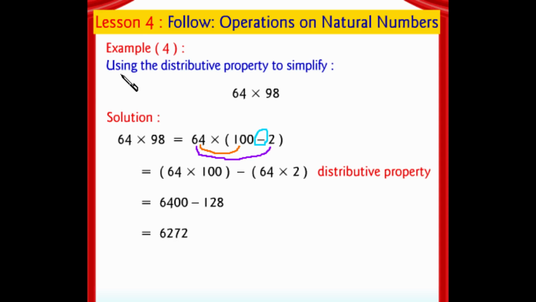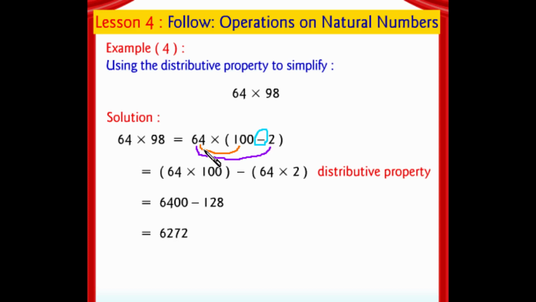Example 4. Using the distributive property to simplify 64 times 98. To use the distributive property, 98 is 100 minus 2. Then 64 times 100 minus 2 between two brackets.